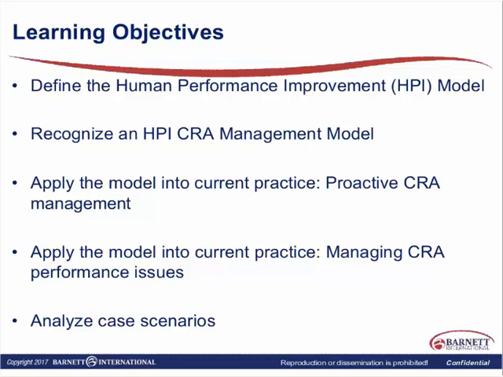We're also going to apply the model into current practice, looking toward a proactive model for CRA management, and then also managing performance issues. So how do we keep issues from occurring, and then how do we manage them if they do? We're going to look at some case scenarios. So along the way, I'll tell some stories of different things and really put the model into a practical application.